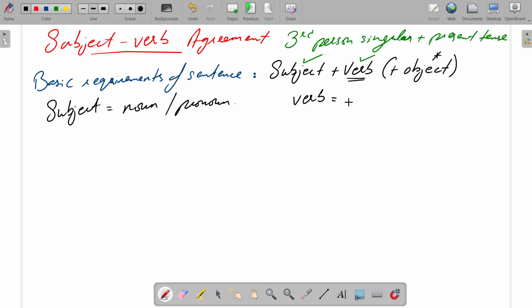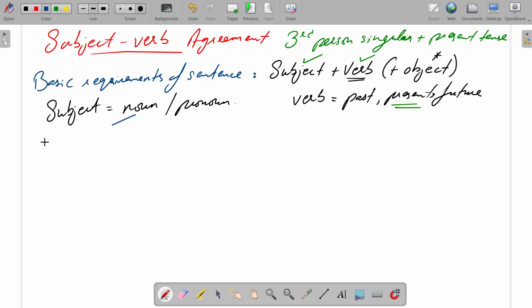But it can be past, present, or future. For the sake of our lesson, we are only concerned with the present. So, right, what are nouns?